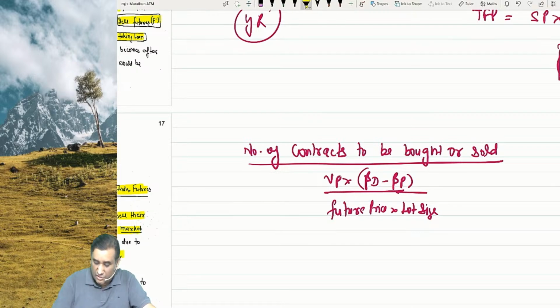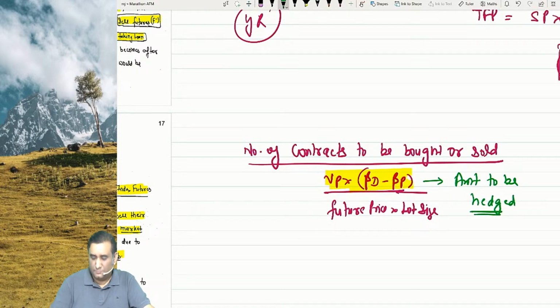The numerator is the amount. Value of portfolio is the beta desired, what you want to do of the portfolio.